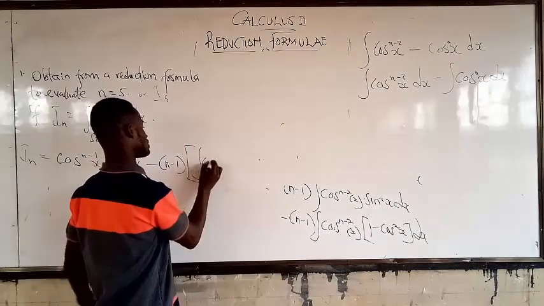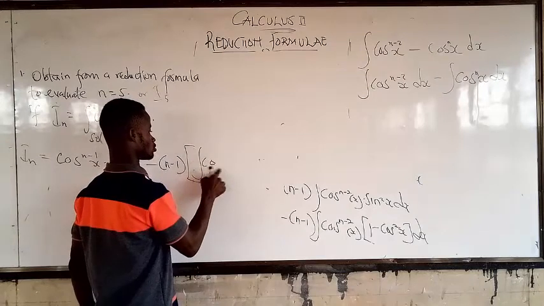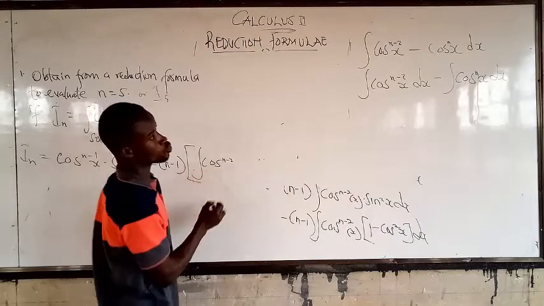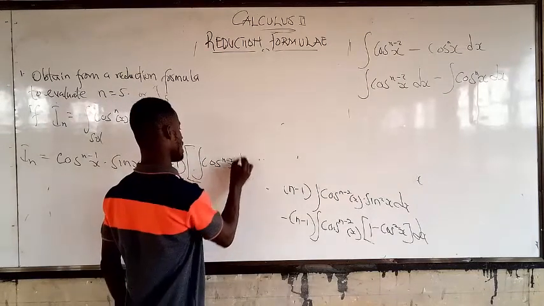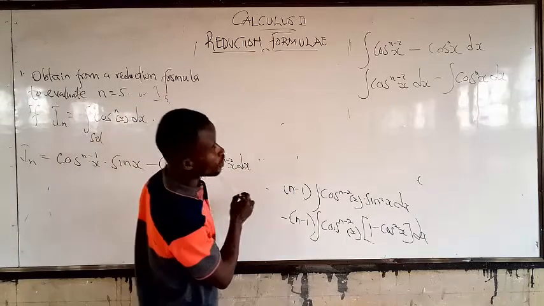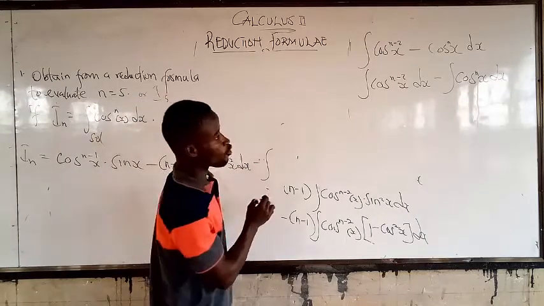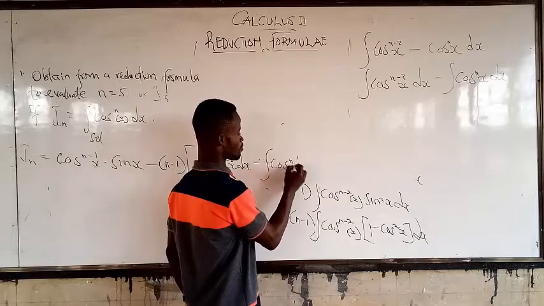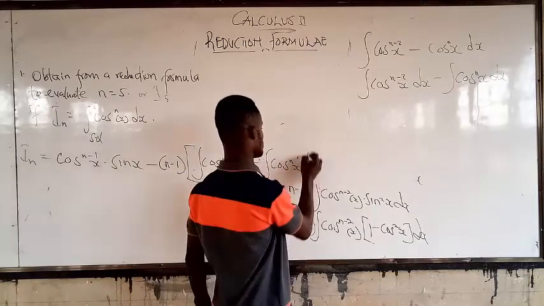So we are going to get cos^(n-2)x dx minus the integral of cos to the power n x dx.